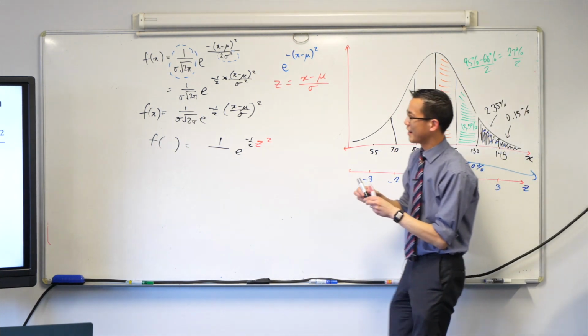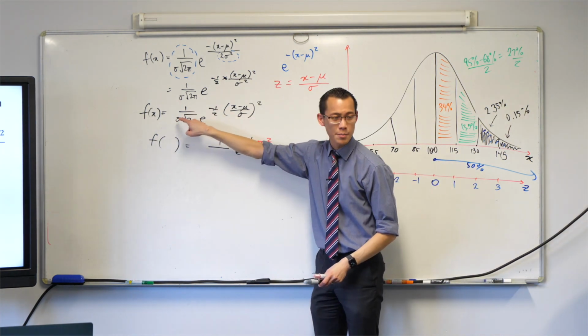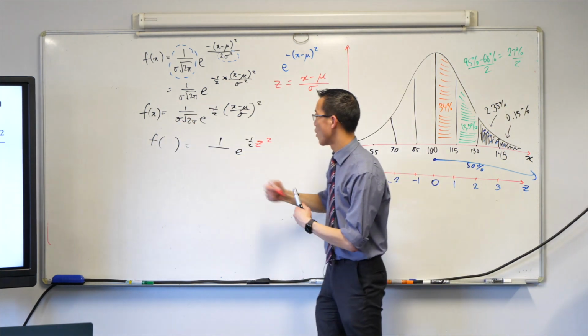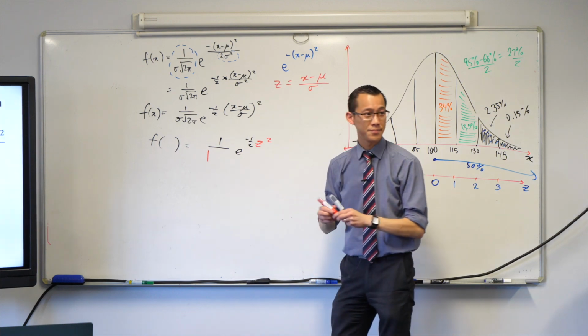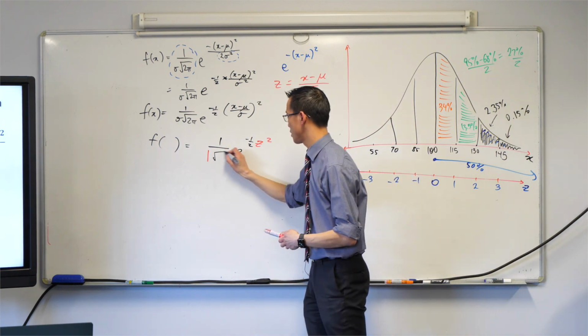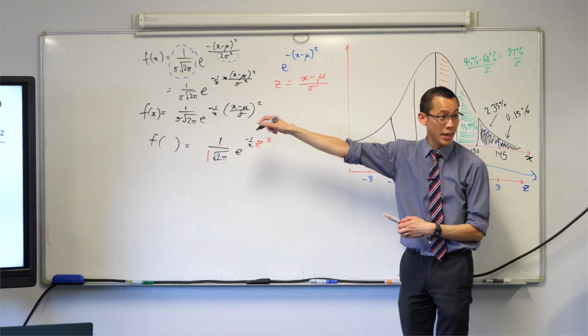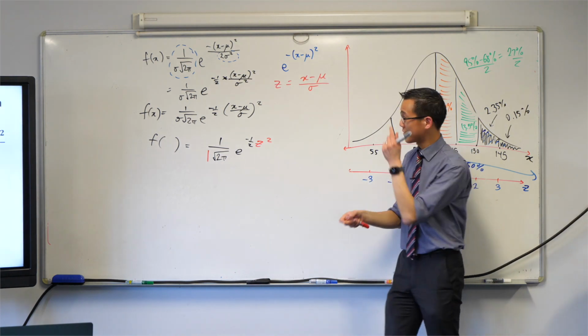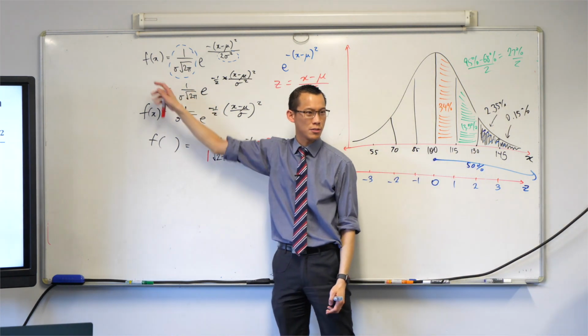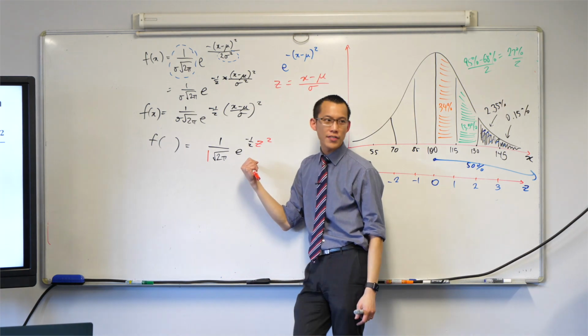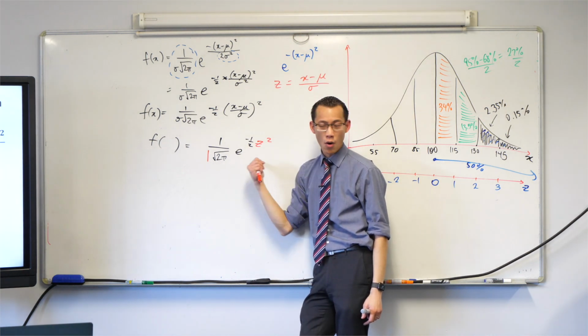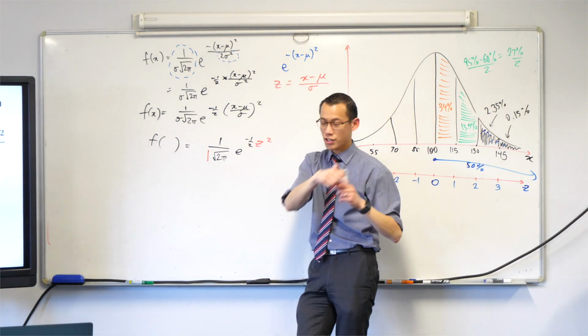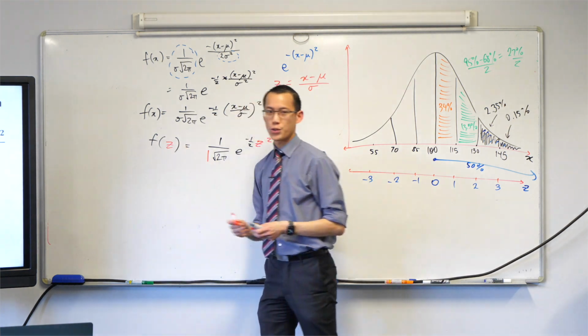So instead of writing 1 over sigma root 2 pi, I can just write 1 over 1 root 2 pi. Does that make sense? You see how I've substituted that sigma over there? Now the last thing I need to do is, see how we started by saying this is a function of x? This is not a function of x anymore. There are no more x's. What's this a function of? It's a function of z. So now I've done all the changes.